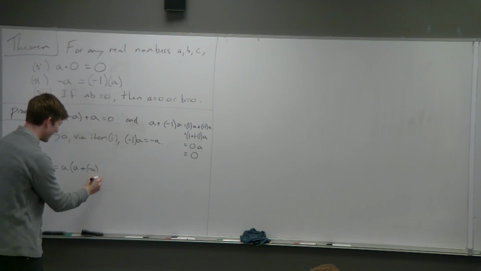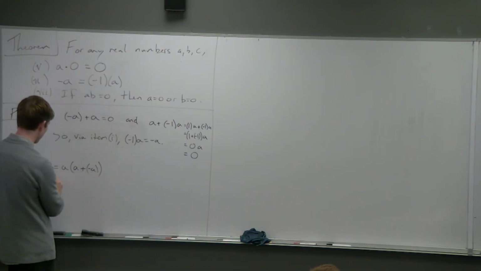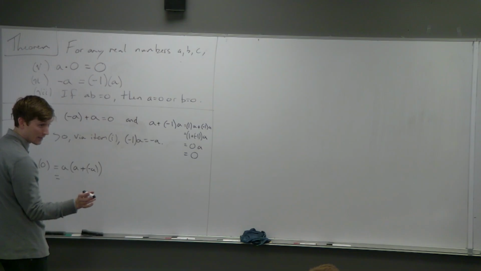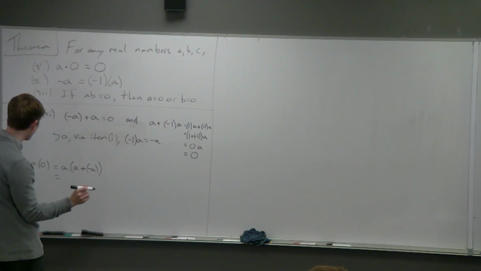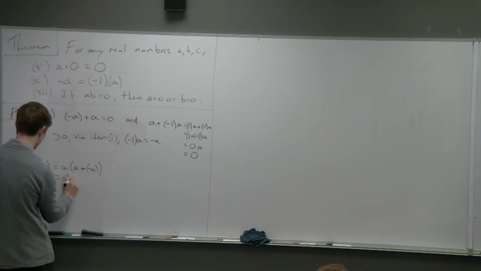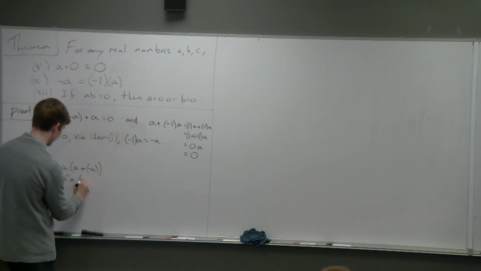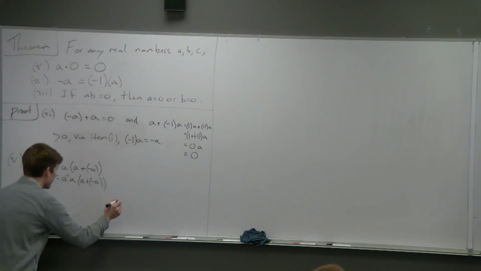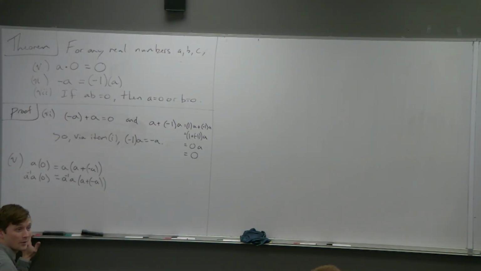Okay. Then you multiply by the multiplicative inverse of both sides. Multiplicative inverse of what? A is -1. Okay, so this will require that a is not equal to 0.